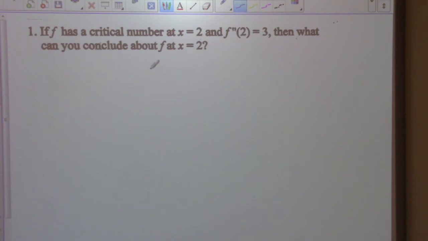So we have a relative minimum at x equals 2, because f double prime of 2 is greater than 0, and f prime of 2 is equal to 0.